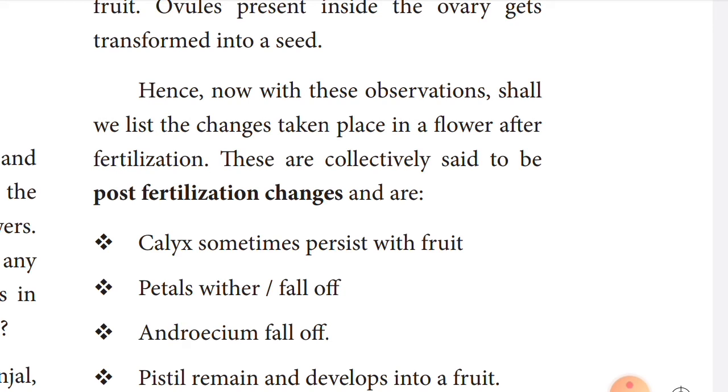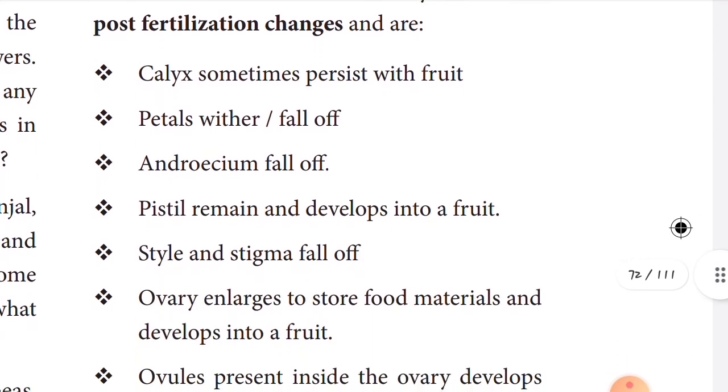Shall we list out the changes in the parts of your flowers after fertilization takes place? These are collectively called post-fertilization changes. First point, calyx sometimes persists with fruits. Second, petals wither and fall off. Androecium falls off. Androecium means the male reproductive part of the flower.